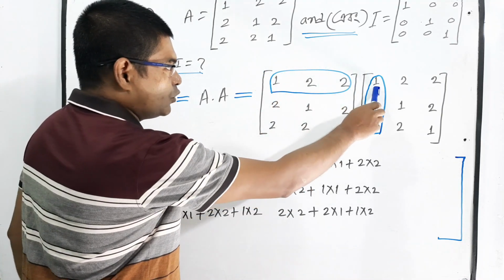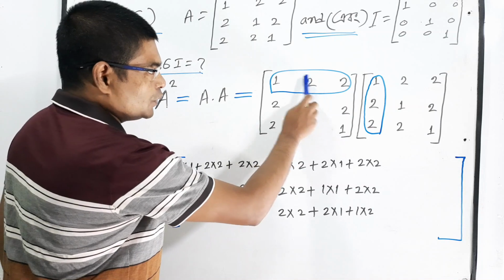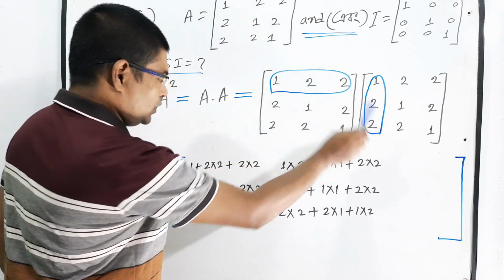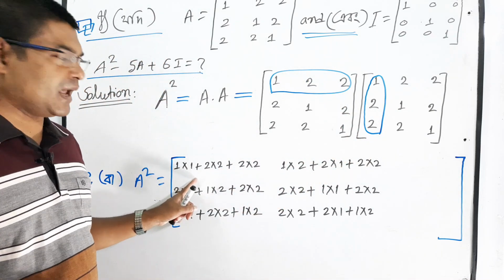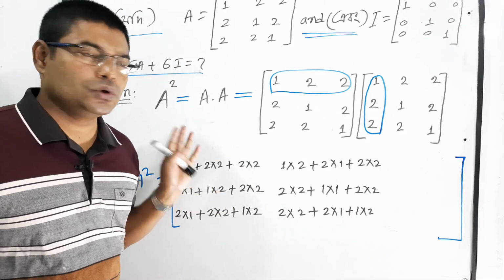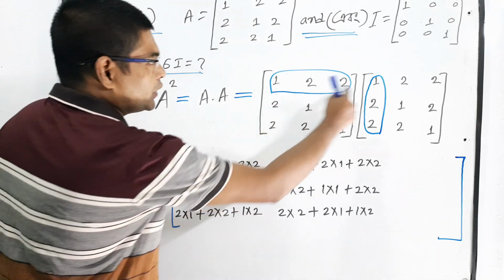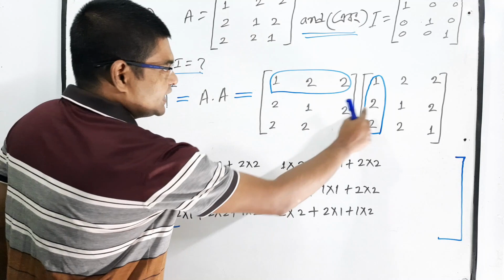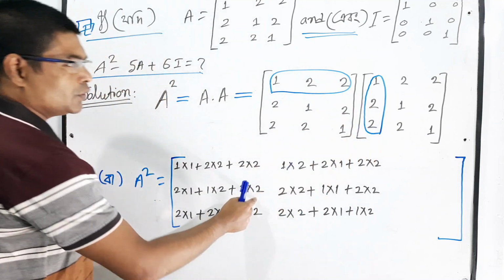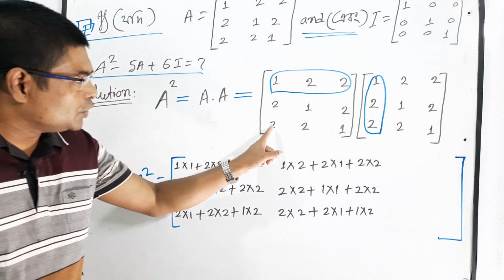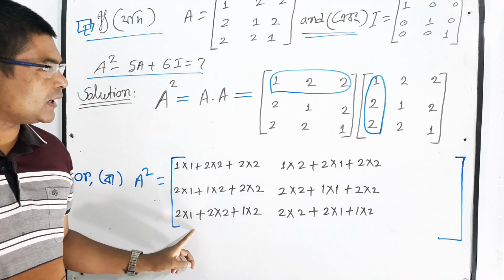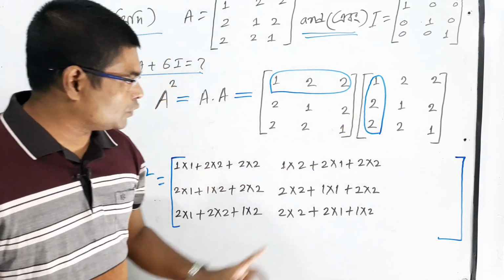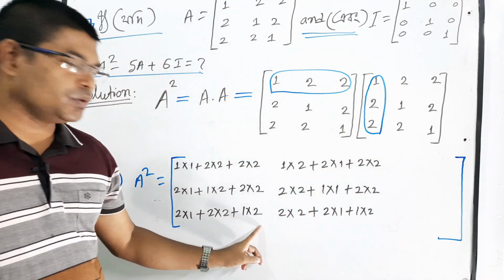So 1 into 1 plus 2 into 2 plus 2 into 2. You can see 1 into 1 plus 2 into 2, 2 into 2. Again 2 into 1 plus 1 into 2 plus 2 into 2, completed. And 2 into 1 plus 2 into 2 plus 1 into 2, completed.